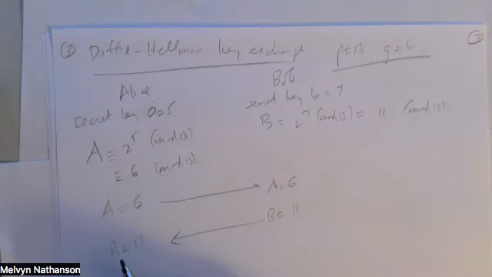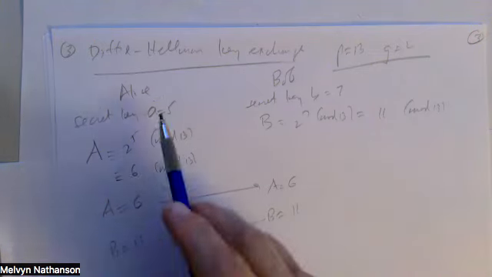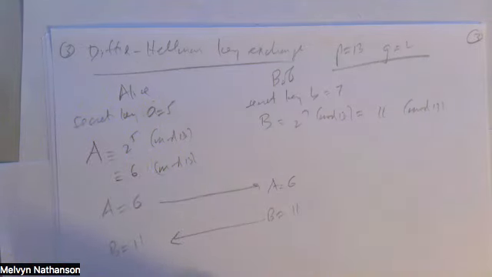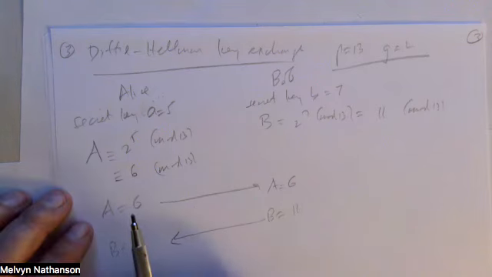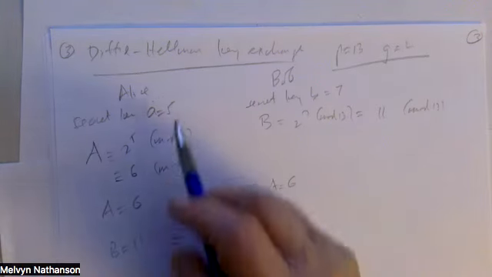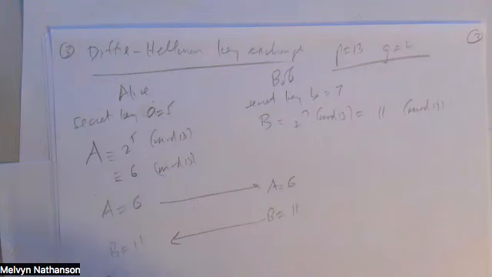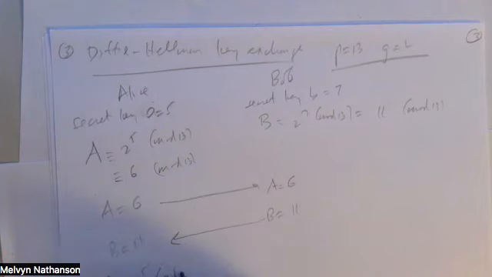Now, what does Alice do? She takes the number B and raises it to her secret key, which is 5. So B to the a, that's going to be 11 to the power 5 mod 13. Let's see, we have to calculate that. Lots of ways you can do it.